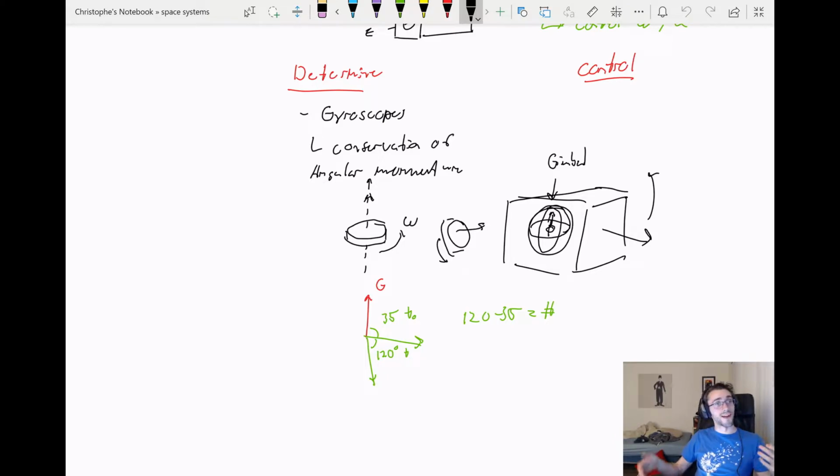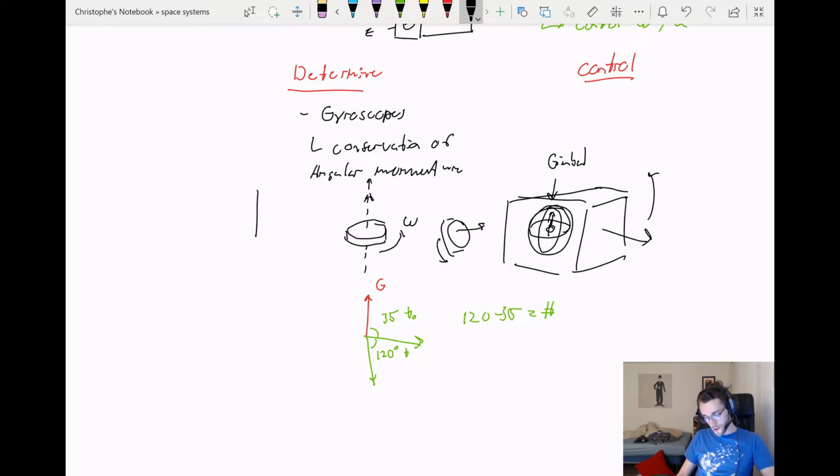In order to define any three-dimensional space, you can define it with three unique vectors. They don't necessarily have to be orthogonal, but for convenience, in any three-axis gyroscope you use orthogonal vectors, just because it's nice to think about. You don't have to do any rotational math or coordinate transfers.